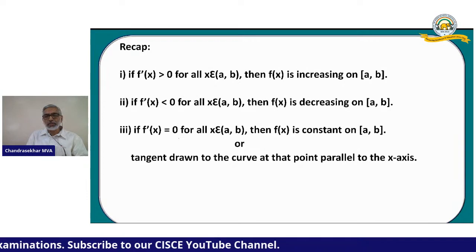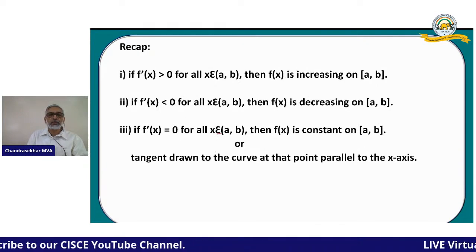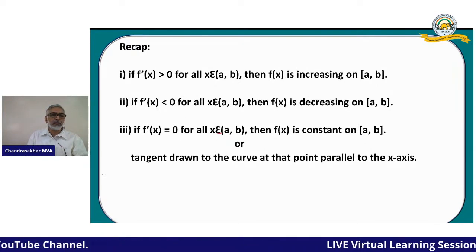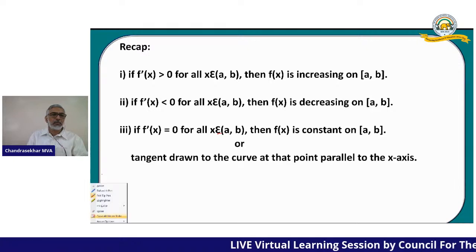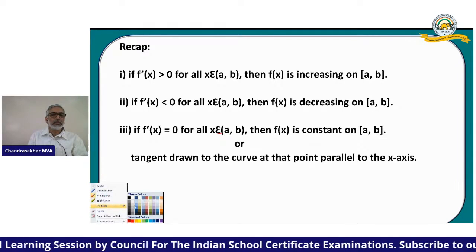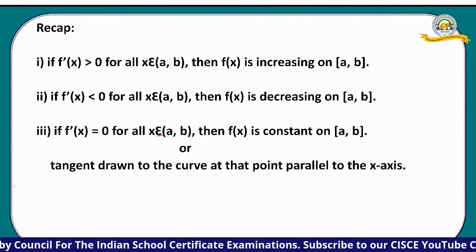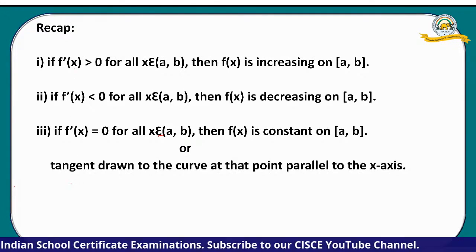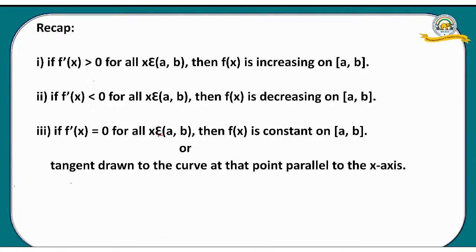In the previous class, you have learned f dash x greater than 0. That means dy by dx is greater than 0 in a given interval. We say that the function is increasing in the closed interval a, b.